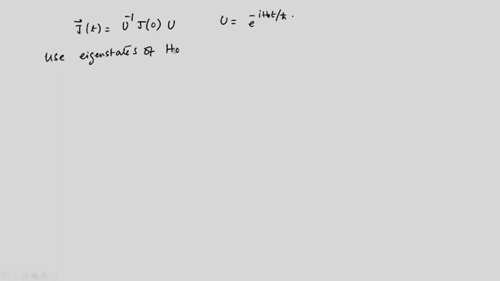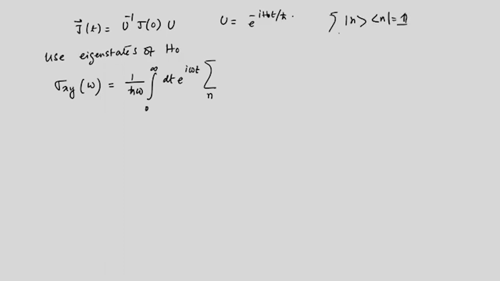H0, which are say m, n, and so on and so forth. Okay. So then we can write down the sigma xy omega by introducing these states, the eigenstates of H0, as 1 over h cross omega, integral 0 to infinity dt exponential i omega t, and I use the completeness of states, the sum over n equal to 1.